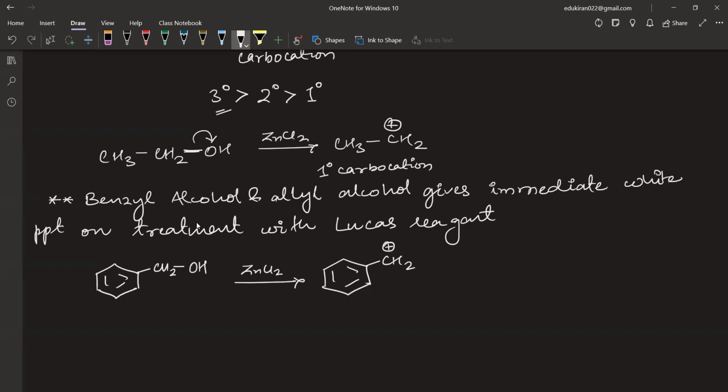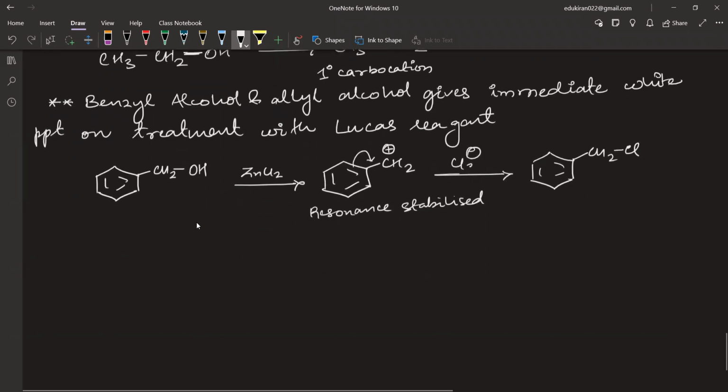Now this double bond will go here and it will be stabilized due to resonance. Since this is resonance stabilized, this carbocation will be formed very easily. And then on further reaction with Cl negative, you will easily get CH2Cl.